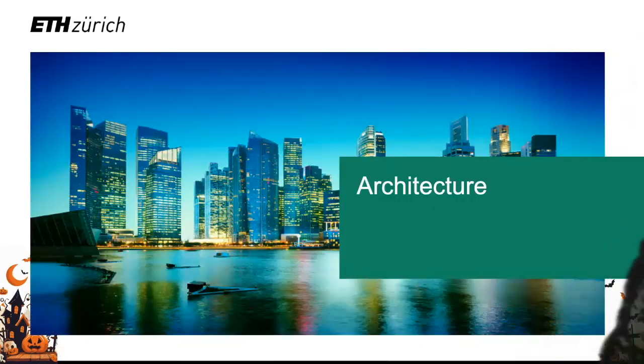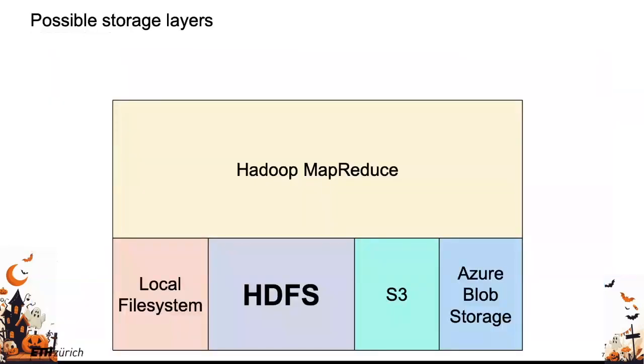All right. So now that we've described the logical details of MapReduce, I'm going to go into the physical details of how this is implemented today. So the first thing that is important to know is that MapReduce works on many different layers. It works on top of S3. It works on top of HDFS.